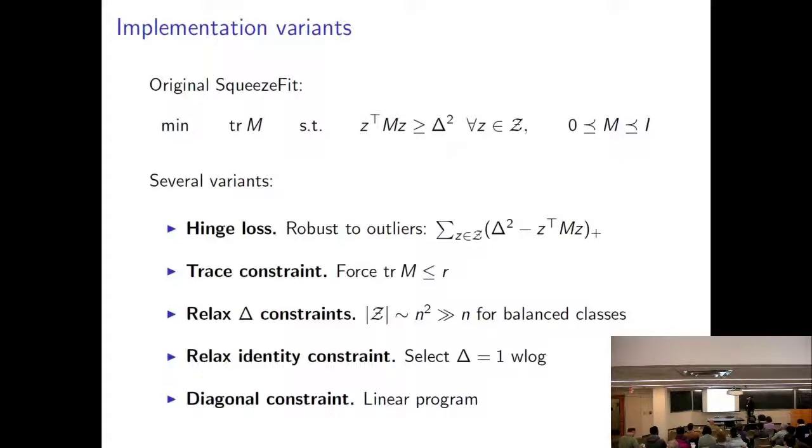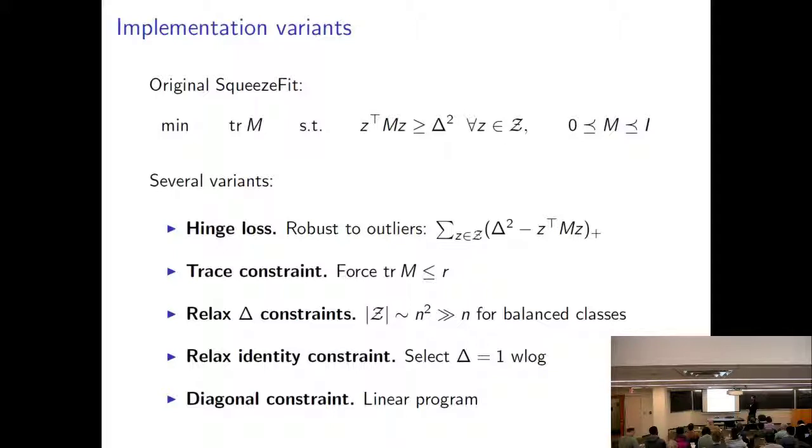There are other interesting things you can do. One really good thing is you can impose that M is diagonalized by a certain basis of interest. So one basis that would interest this conference would be the Fourier basis.